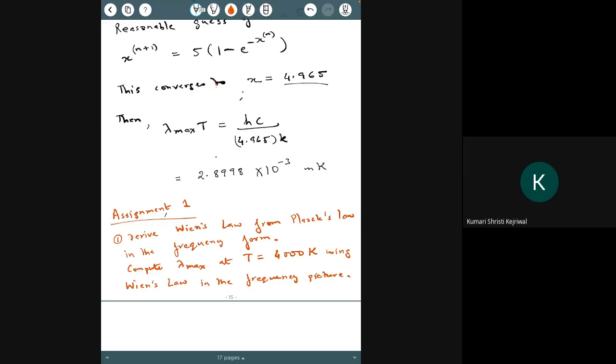And then you can compare with what you get using the wavelength picture. Okay. And then I will discuss this afterwards.